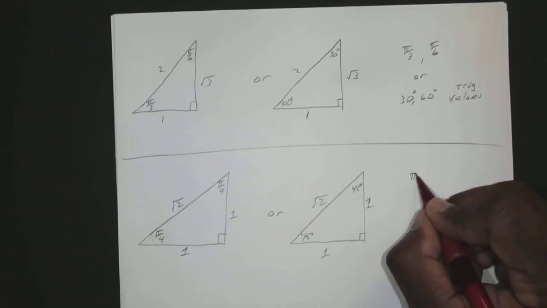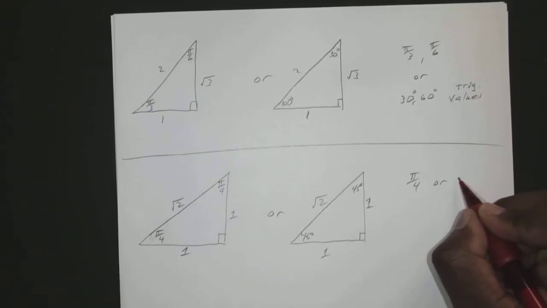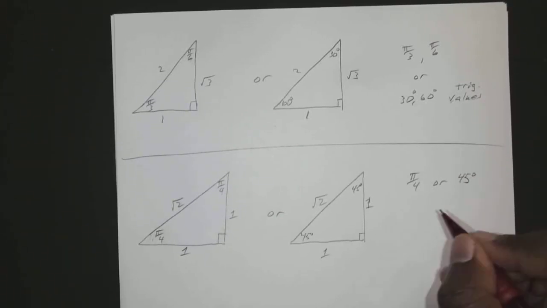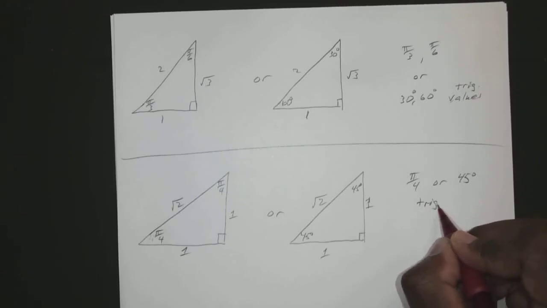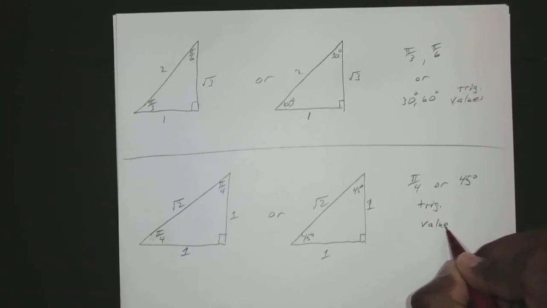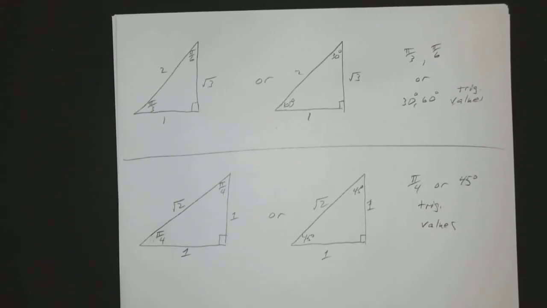Okay, so this is your pi over 4 or 45-degree right angle trig values. Okay, it is really just that whole chart simplified to 2 triangles.